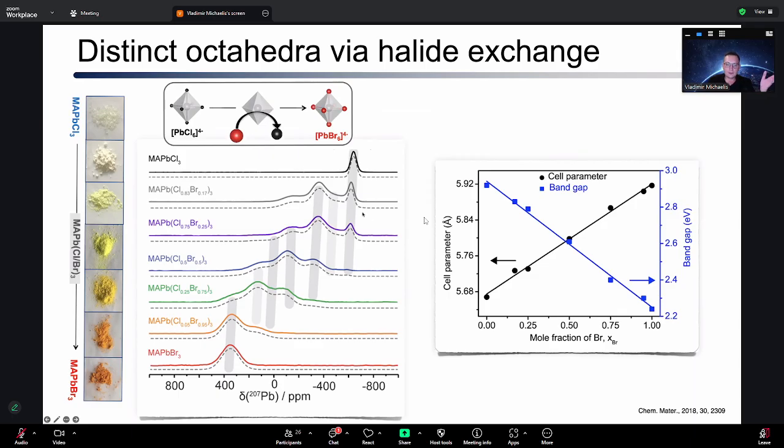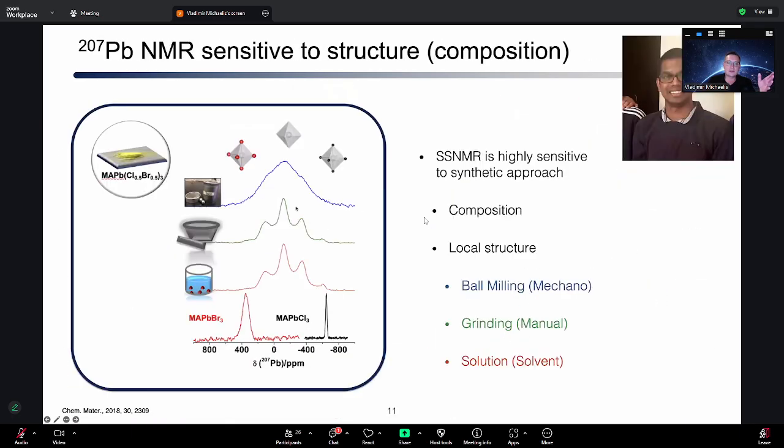In the lead NMR, what you see here is as you substitute chlorine out for bromine, you get these new chemical shift reference points. Okay, so systematically what you can do is you can go through this using different fields, different fitting procedures, and you can assess whether the system is homogeneously mixed, no domains, or heterogeneously mixed.